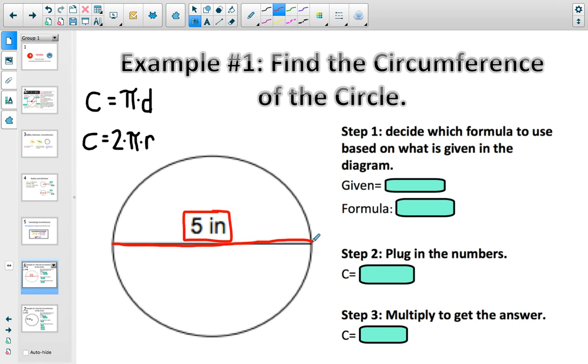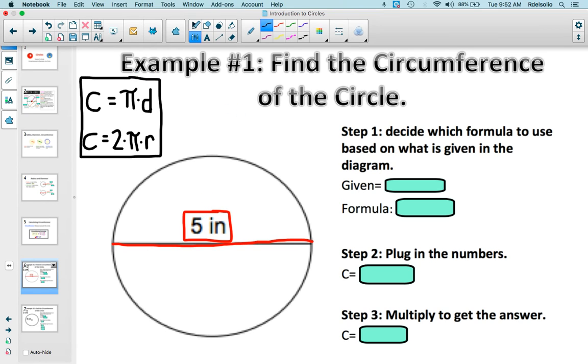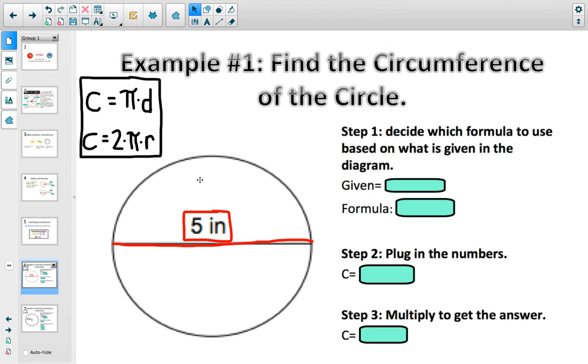We need to decide which formula we're going to use. The two formulas are up here in the corner. Which one are we going to use based on the information given to us? So 5, is this the radius or the diameter? It's going from one side of the circle to the other right through the middle, so that means this is our diameter. So the diameter is given to us.